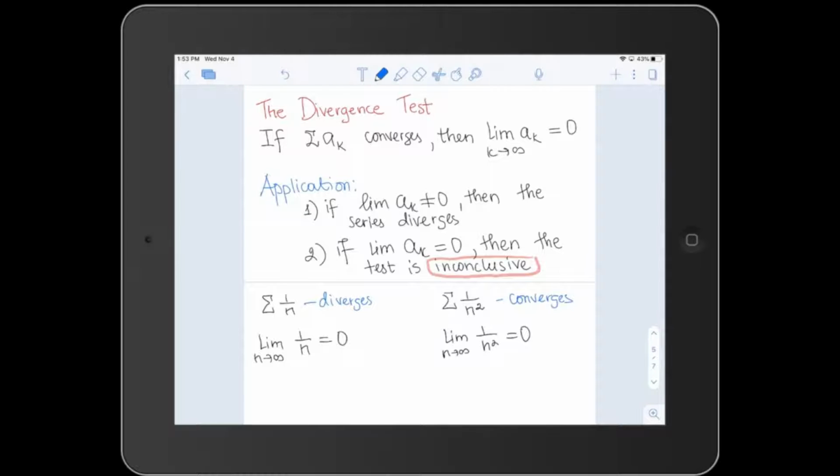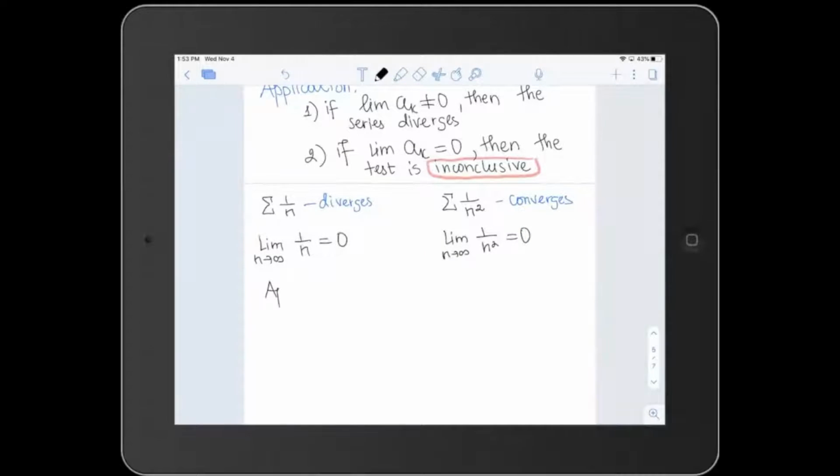All right. So let me go ahead and show you a couple of examples where this test does work. These are your examples for the divergence test. So apply the divergence test. Let's take a look at the first one.